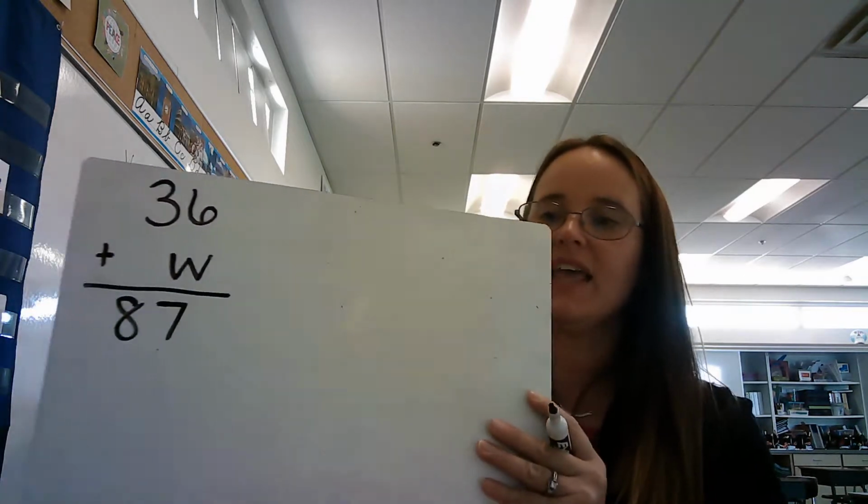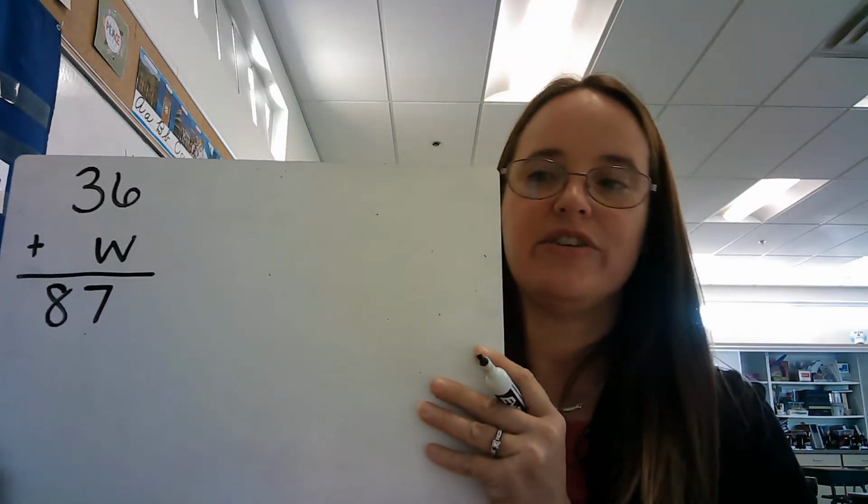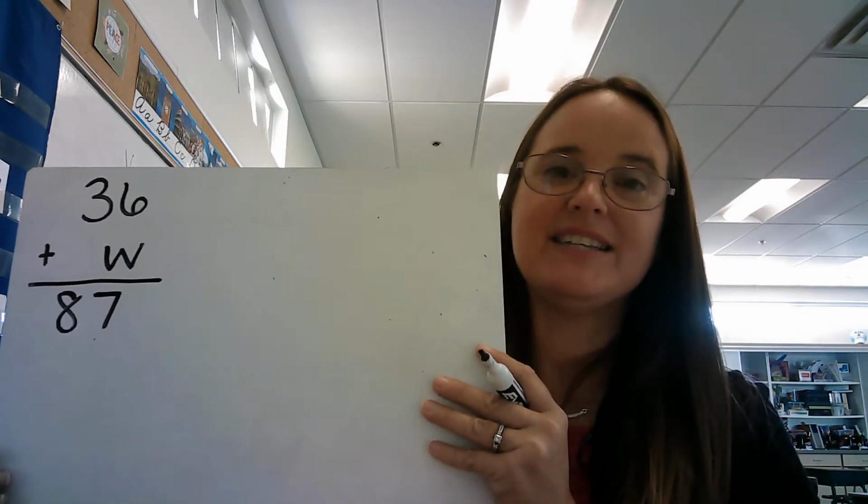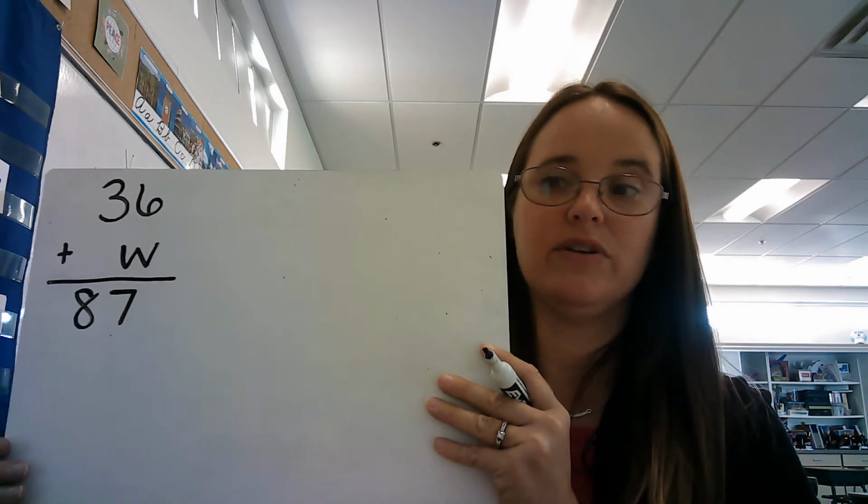Okay, the next one gets into our missing addend skill. So the problem is 36 plus W equals 87. This is where we can use our knowledge of fact families to help us figure things out, okay?